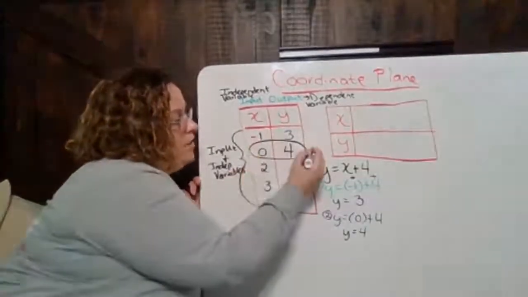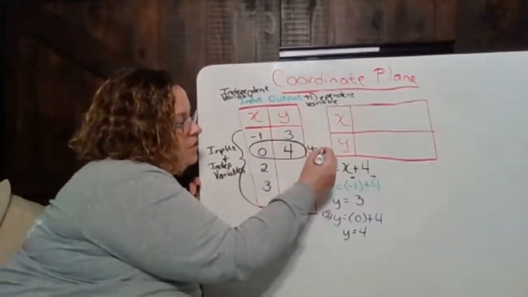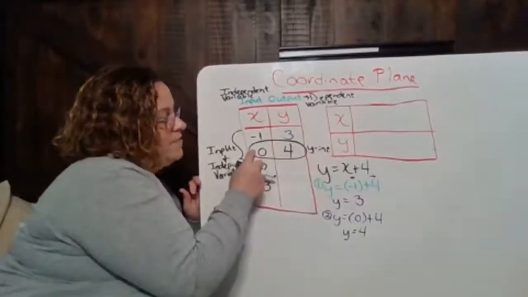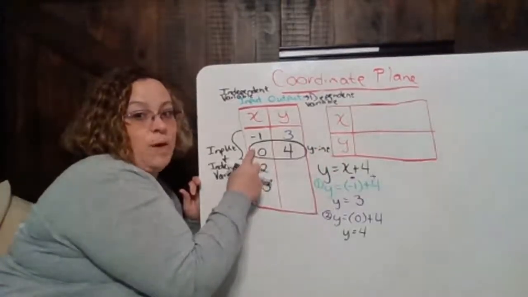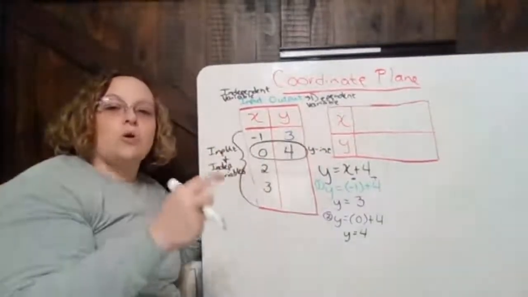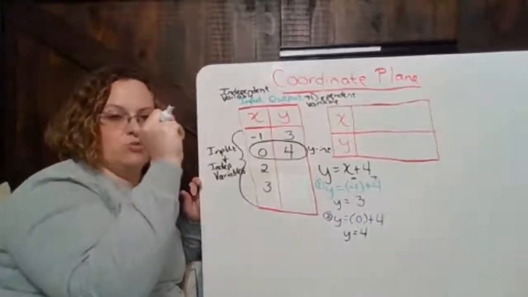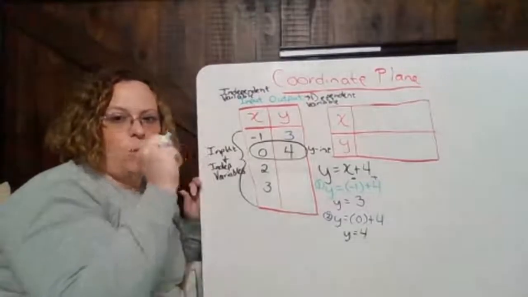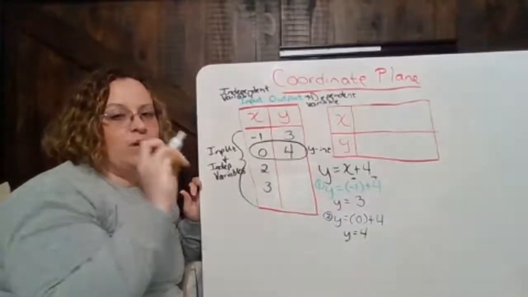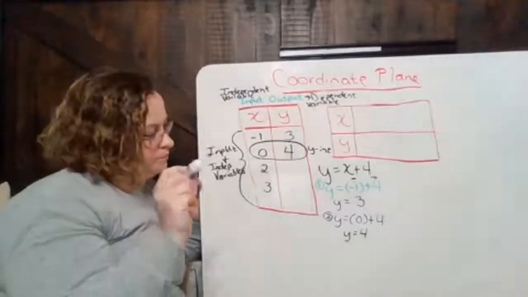So you got to remember that this is your y-intercept. So anytime you have 0 as an x, that's going to be your y-intercept. That's where it's going to cross the y-axis. That's where that point's going to be, right there on that y-axis. It is the y-intercept. That's why those vocabulary words are so important.